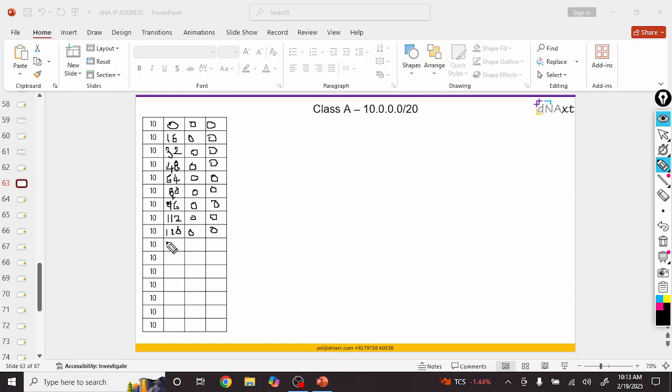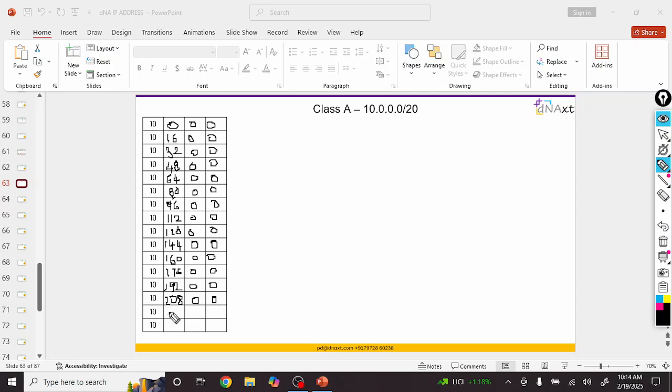10.128.0.0. Again, when we add 16 to this, we will get 10.144.0.0. Then again 16, so 10.160.0.0, 10.176.0.0, then again 16, that will be 10.192.0.0, then again 16, when you add over here you will get 10.208.0.0.